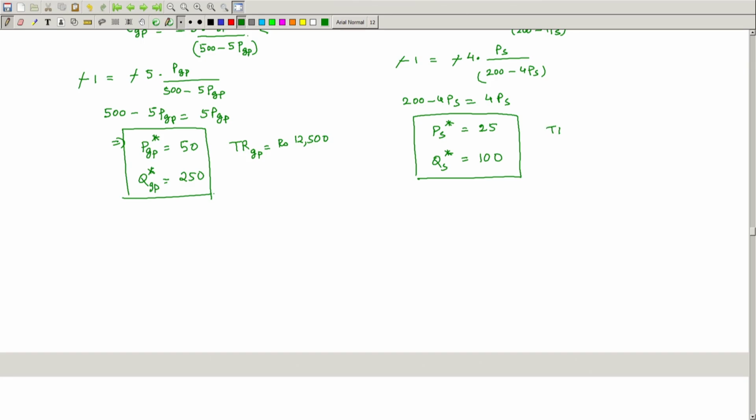As far as the student group is concerned, my total revenue is 2,500, which means that my new total revenue by charging different prices to different groups is 12,500 plus 2,500, which is rupees 15,000, which is greater than the rupees 13,475 under uniform pricing.